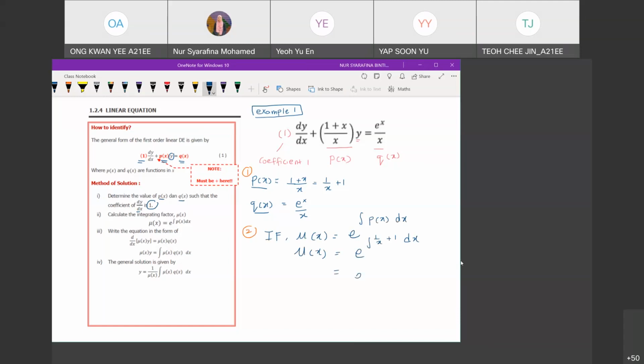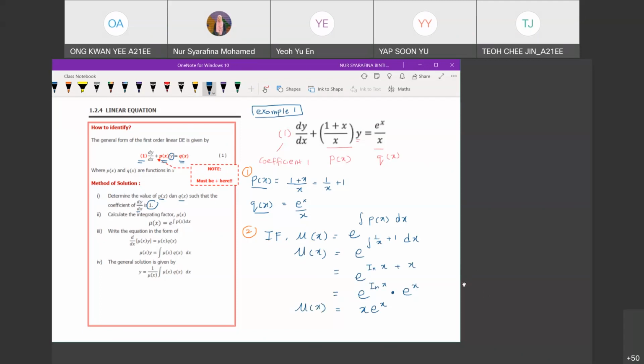Integrating 1 over x becomes ln x, and integrating 1 becomes x. So you can simplify this: e to the ln x is x, times e to the x. So x e^x is your mu(x).